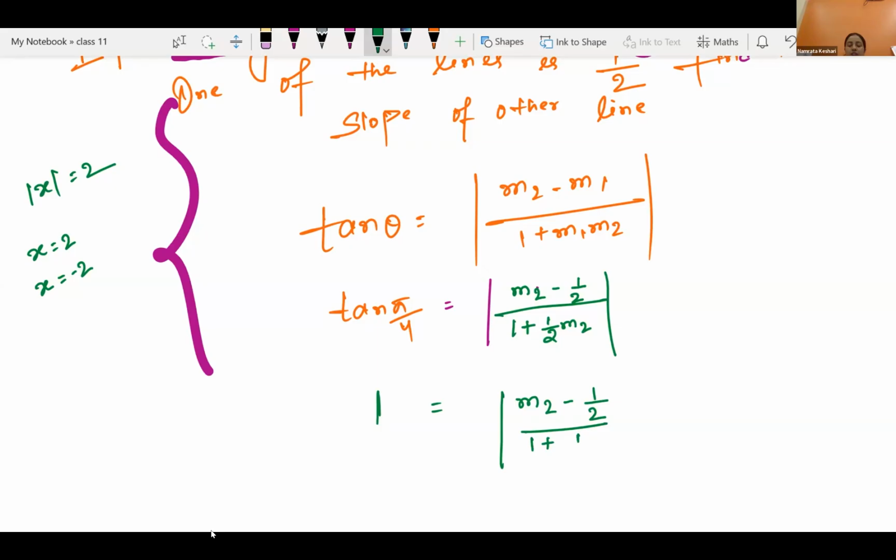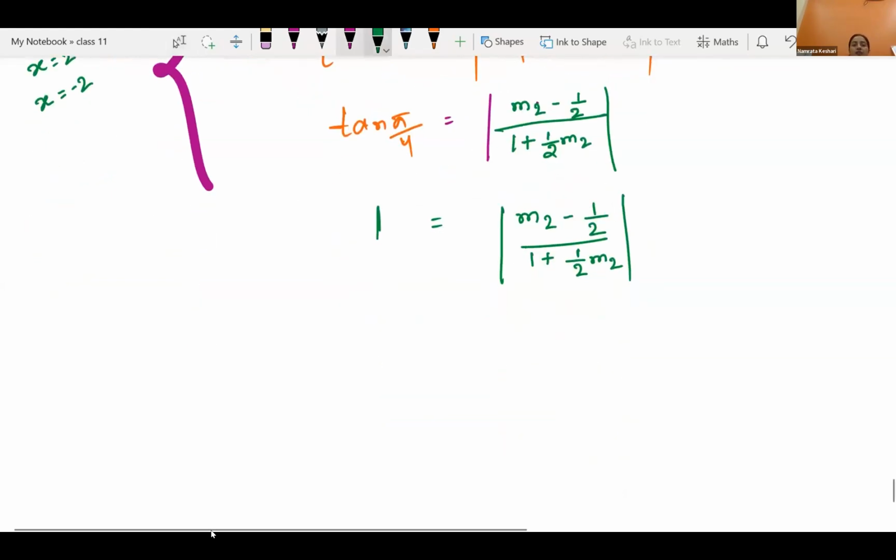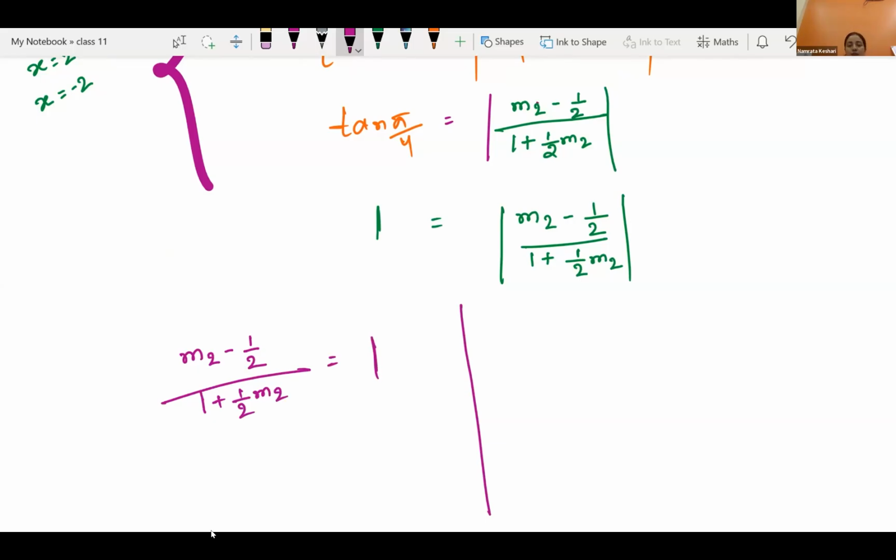That means when we remove the modulus, one case can be plus 1 and another case can be minus 1. Yes or no? Yes. Okay, we will say (m2 minus 1 by 2) by (1 plus half of m2) is maybe just 1, or maybe it's minus 1. Clear?